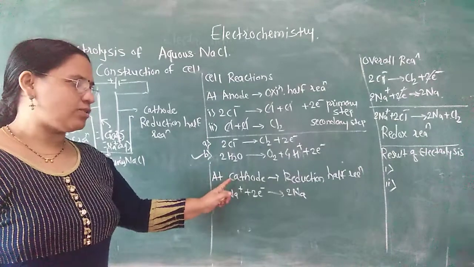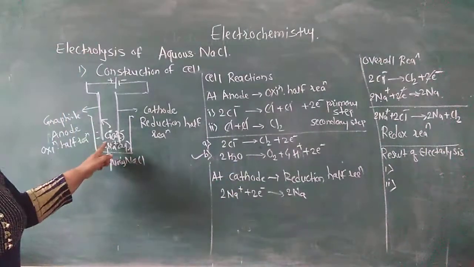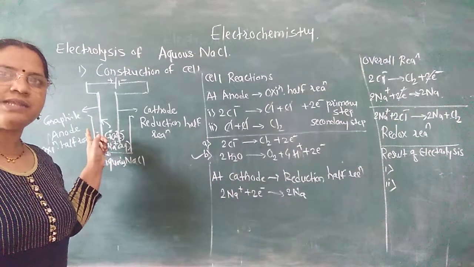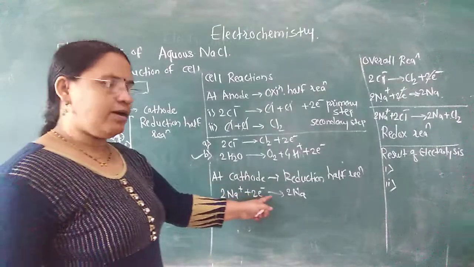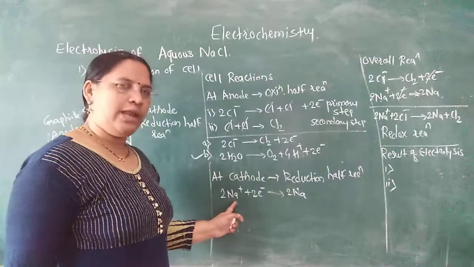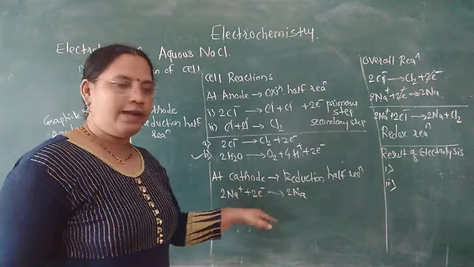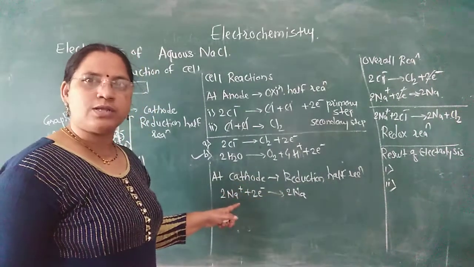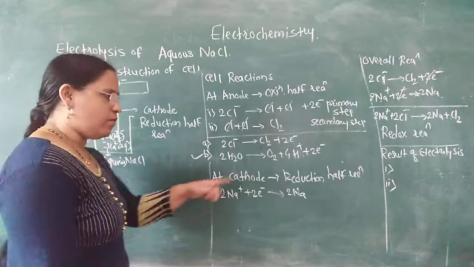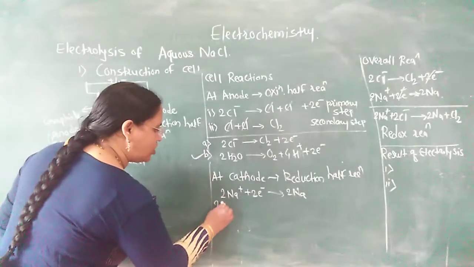Now the reaction at the cathode, the reduction reaction. Na plus aqueous cation gains the electron and undergoes reduction. So 2Na plus plus 2 electrons gives 2Na. In addition to that, the Na plus ion is also surrounded by aqueous medium, so water also undergoes reduction.